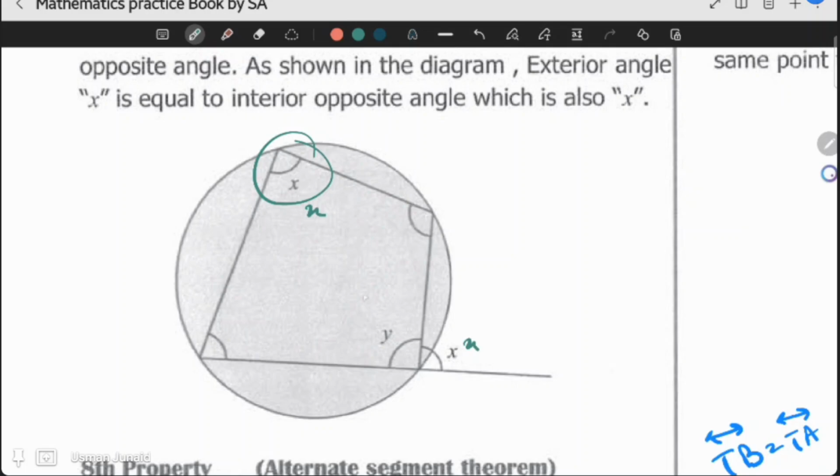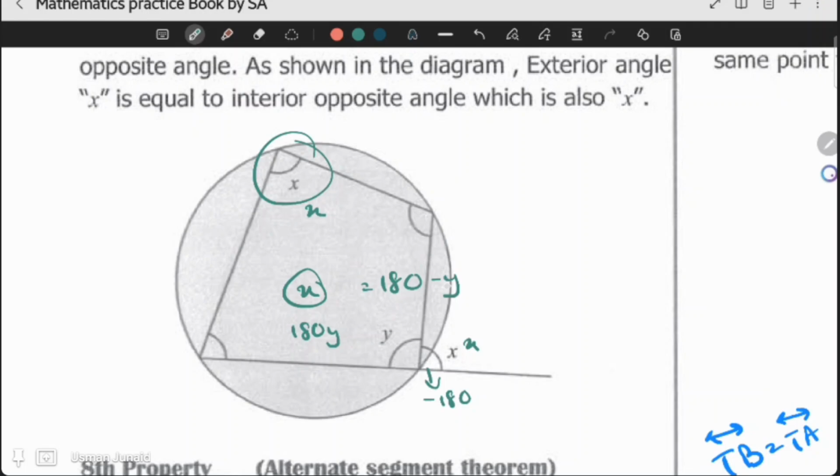Why? Because we know that x plus y is 180 and we know that 180 minus y would give me this angle, right? And we know that 180 minus y is x. Did you understand this?